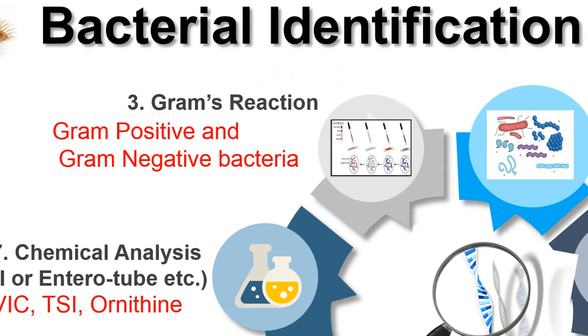In 1845, there was a scientist named Hans Christian Gram. On the basis of the chemical composition of the cell walls of the bacteria, he divided them into two big groups and gave them the names gram-positive bacteria and gram-negative bacteria.